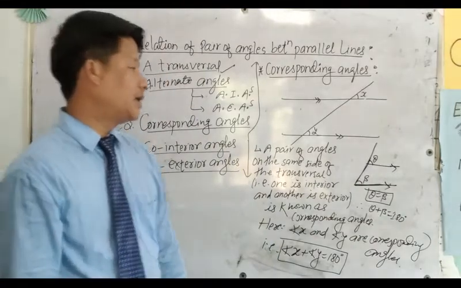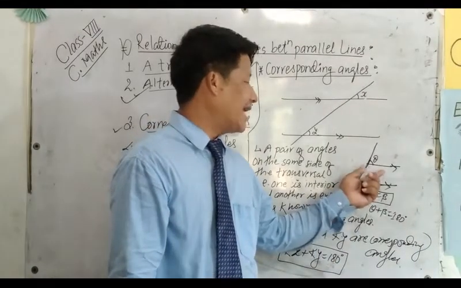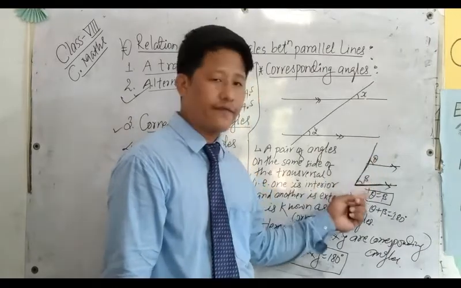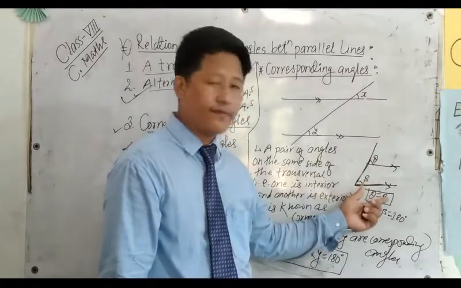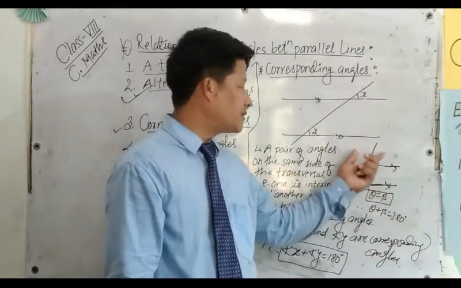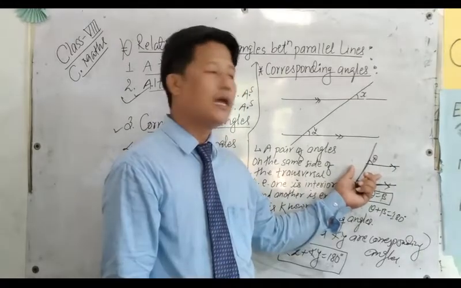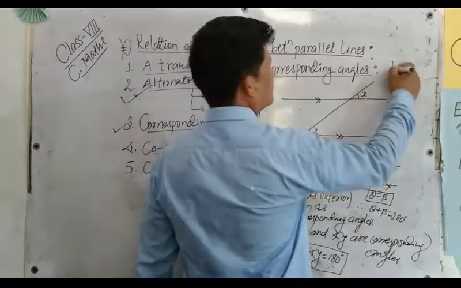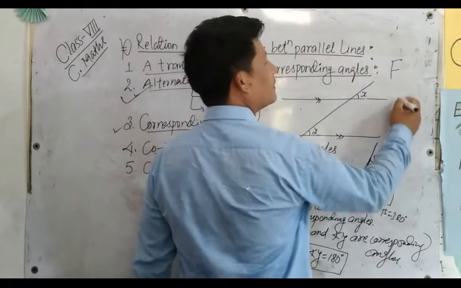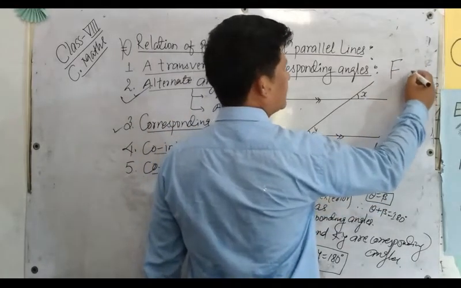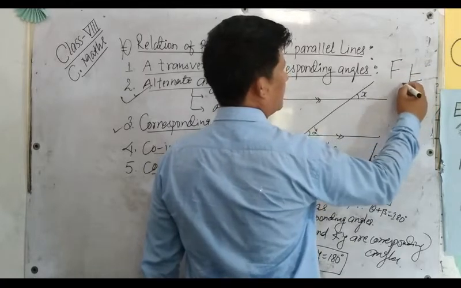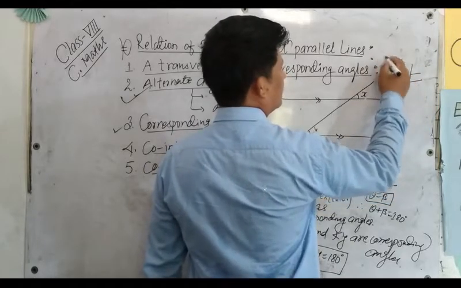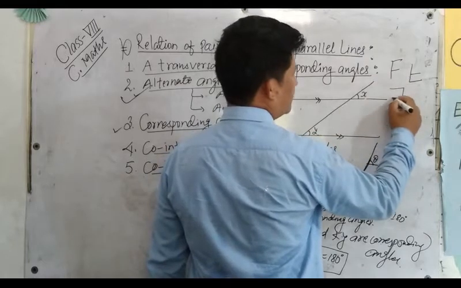Or in an easier way, the angles formed in the shape of F, reversed F or the original F, this F can be written in this way also.